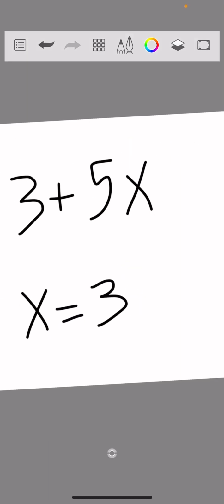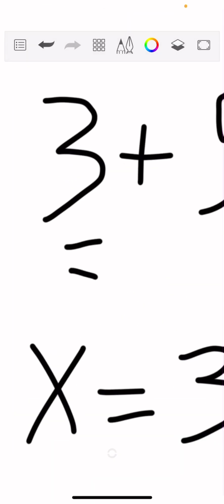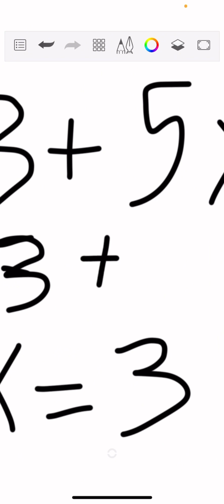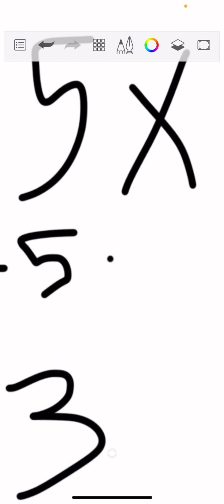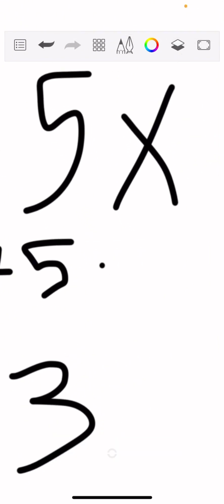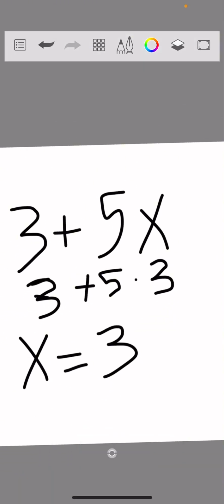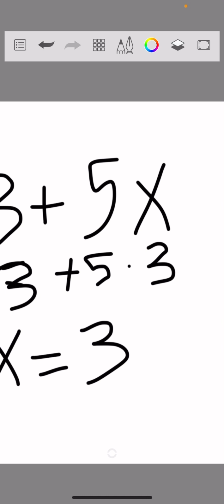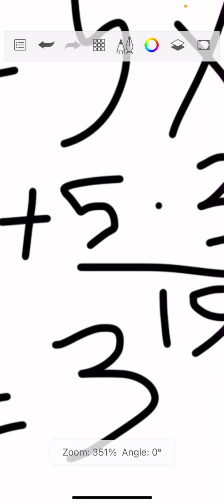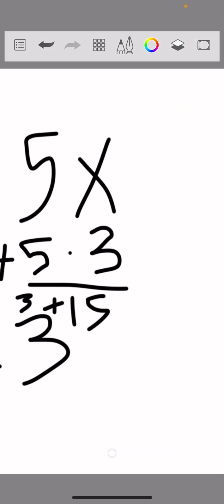Let's say it's 3. You replace it with 3 and then solve it that way. You do multiplication first. 5, 10, 15. So 3 plus 15. What is that? 18.